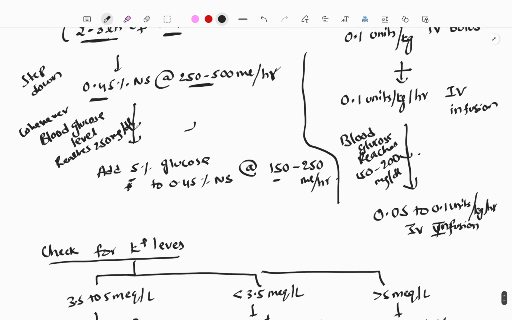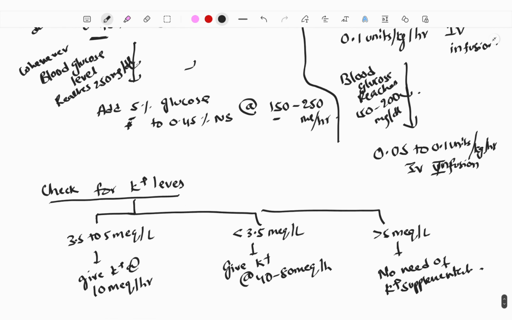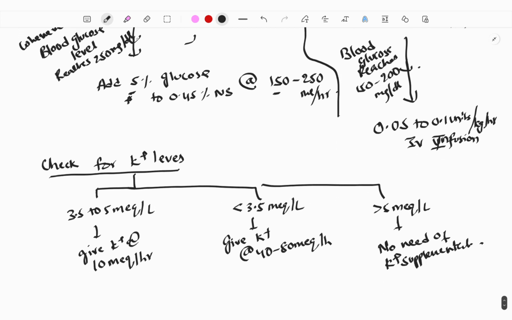Along with blood glucose monitoring, we need to monitor potassium levels. If more than 5, no need to administer potassium. If 3.5 to 5 milliequivalents, give 10 milliequivalents per hour. If less than 3.5 milliequivalents per liter, give potassium at 40 to 80 milliequivalents per hour.